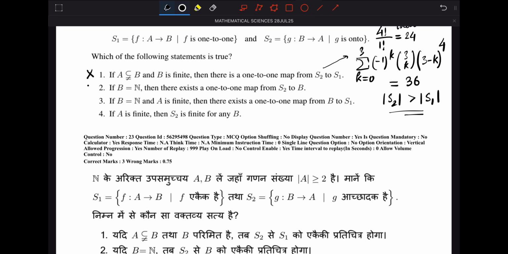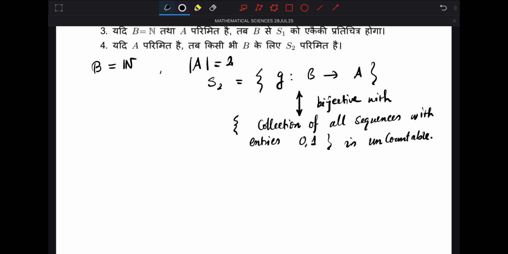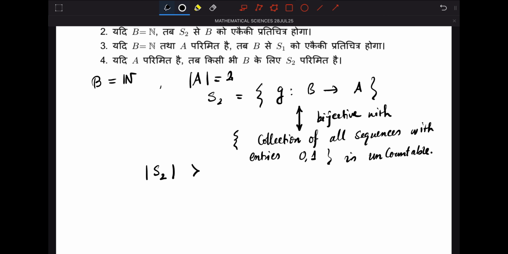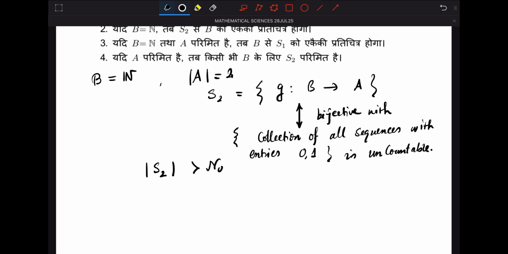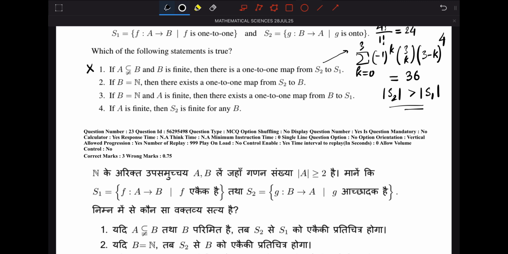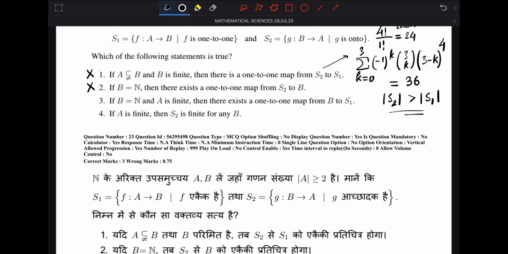So the cardinality of S2 is greater than the cardinality of natural numbers, aleph naught. Basically this has cardinality 2 power aleph naught, so this is much larger. So this is not true.